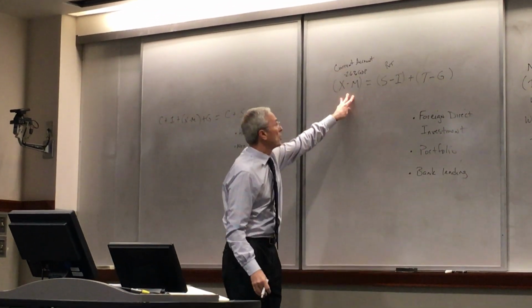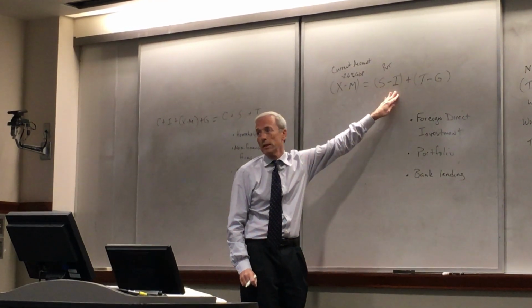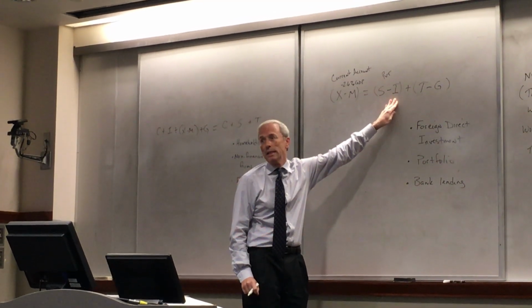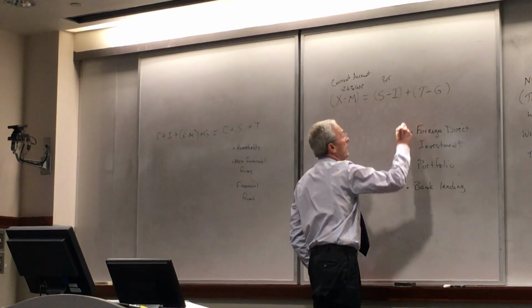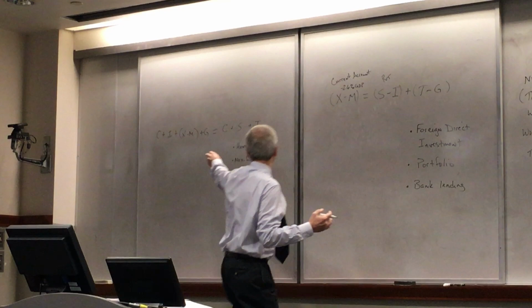So one balance, the current account, is the difference between savings and investment. Savings by Americans and investment in the American economy. And by investment in the American economy, we mean it's a little bit different than this investment.